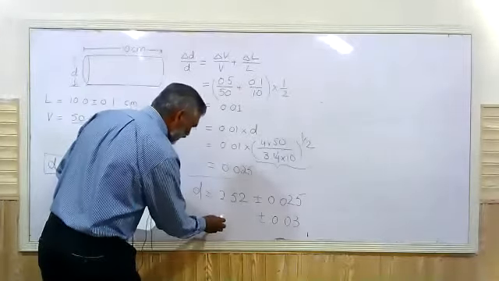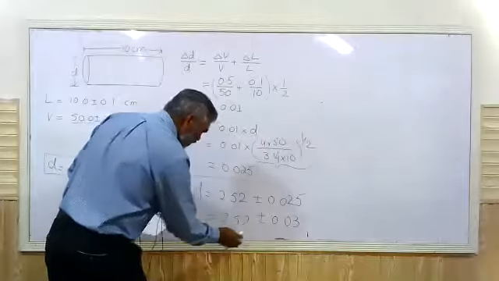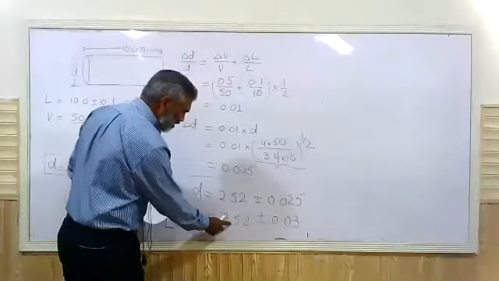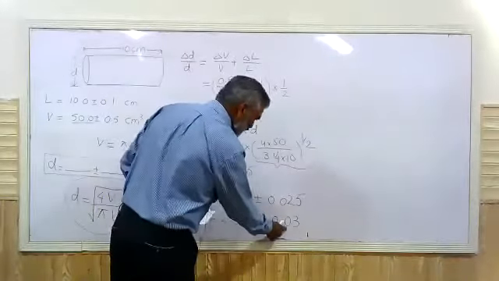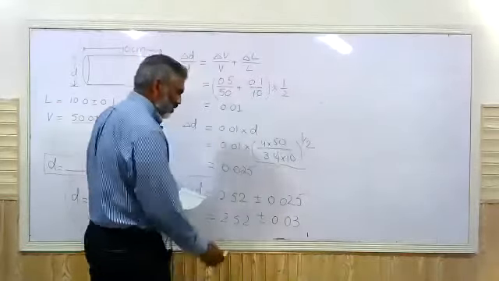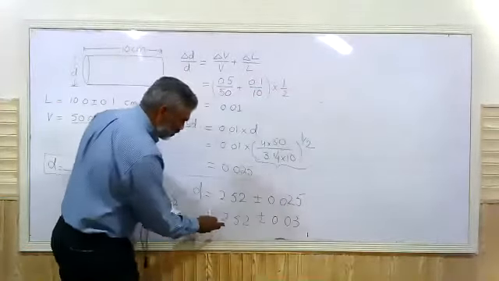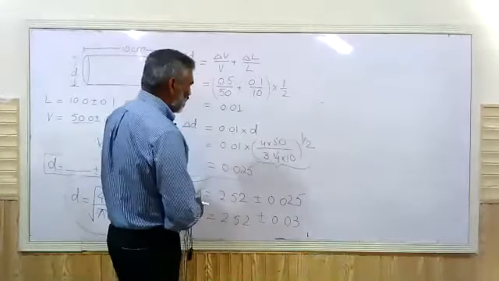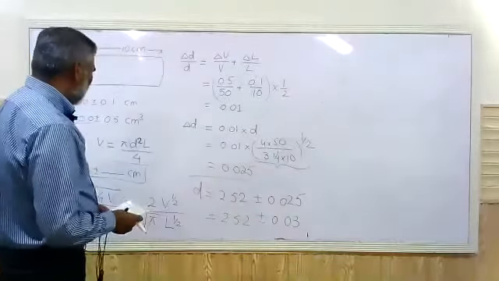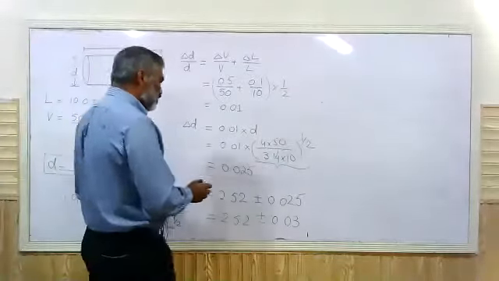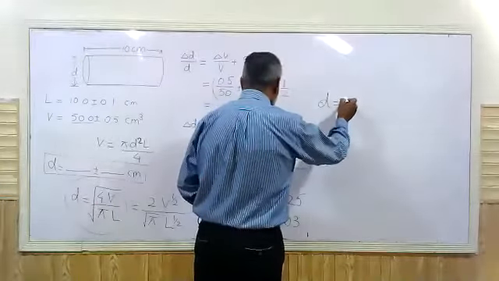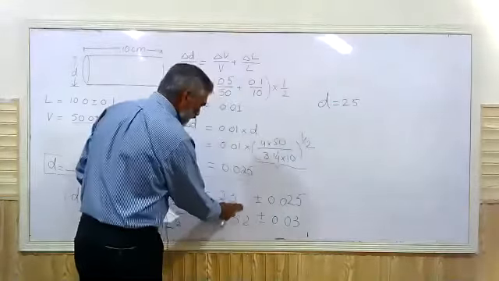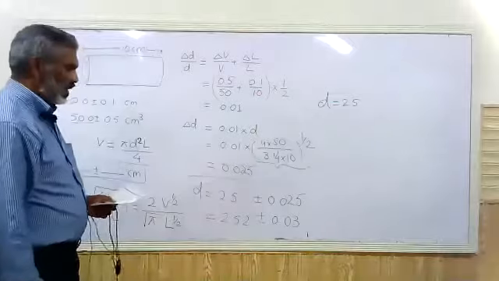This side is okay because 2.52, we have already 2 digits after the decimal point, because there are 2 decimal places. So 0.03 means there should be 2 digits after decimal. If I had chosen in my calculation my answer to D as 2.5 only, then this would be a problem.